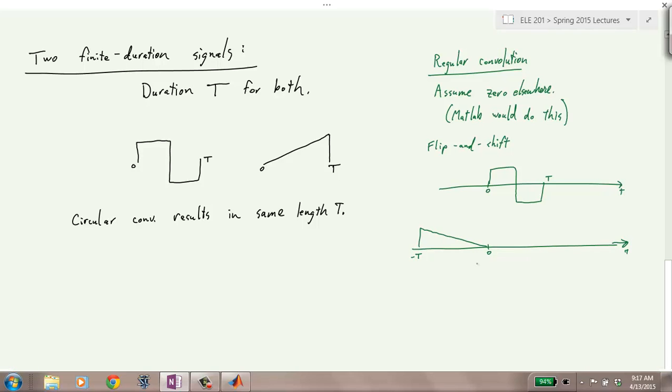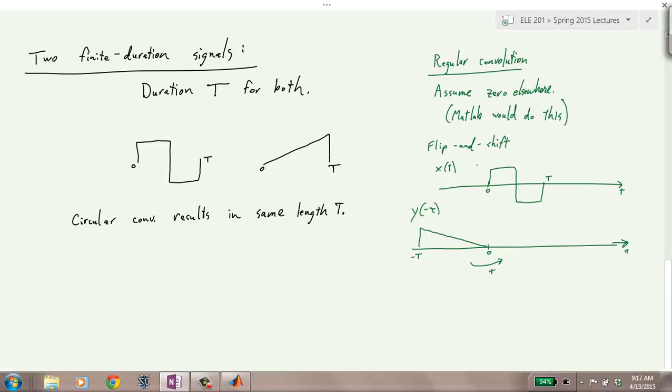Then we shift by little t. So this is y of negative tau, and this is x of tau. When we want y of t minus tau, that gives us a shift.